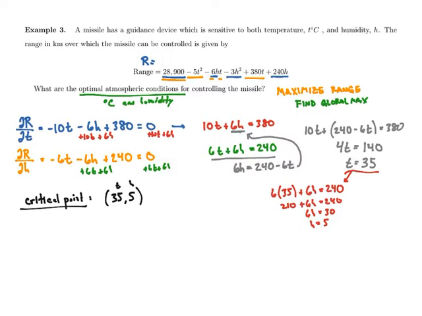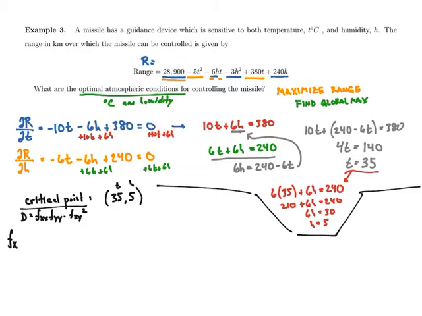And now we need to classify that critical point as hopefully a maximum. So we can say that that is going to be the maximum there. So again, we have D is equal to f_xx f_yy minus f_xy squared. We need to find all those derivatives.